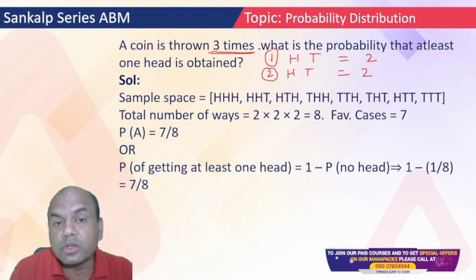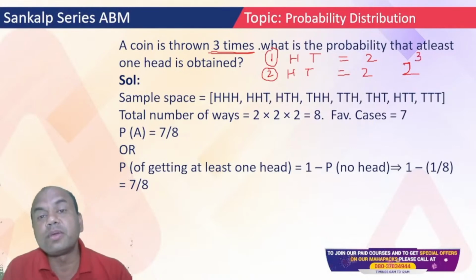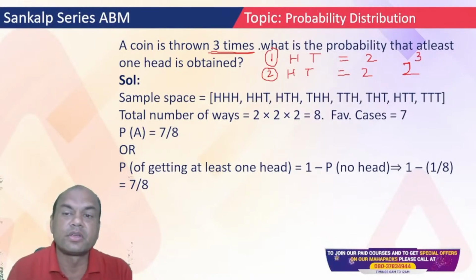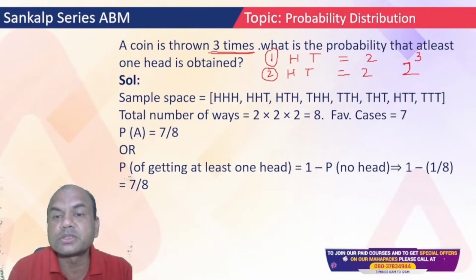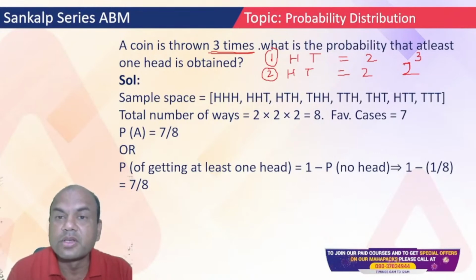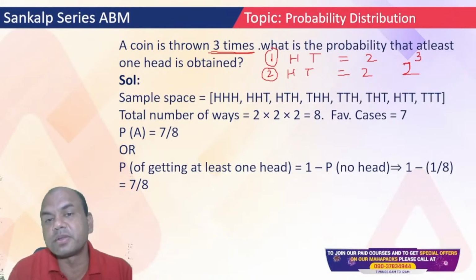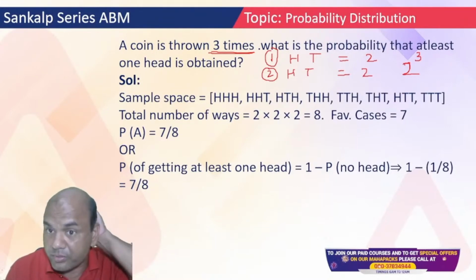If I throw the coin 3 times, the outcome is 2 raised to 3, so there will be 8 possibilities, because I am joining them 3 times. Suppose if I throw the coin 4 times, then it is 2 raised to 4, 16.